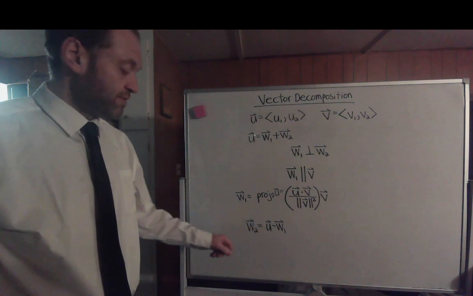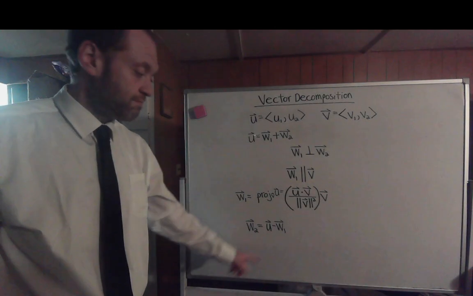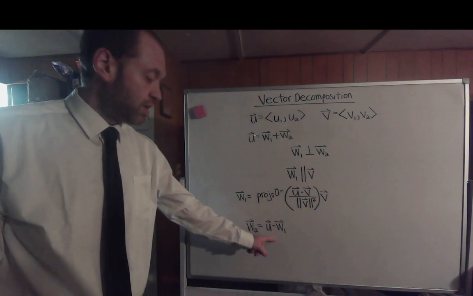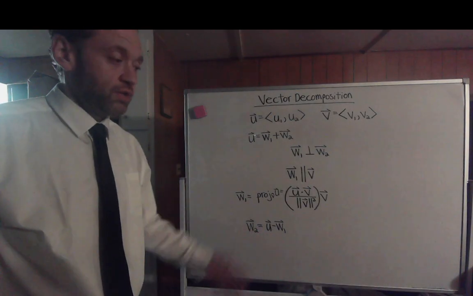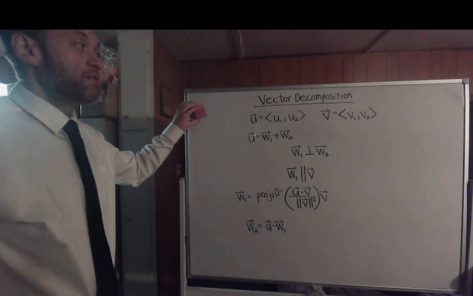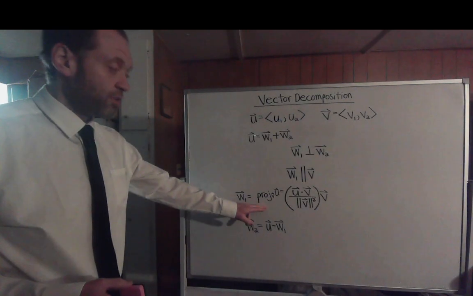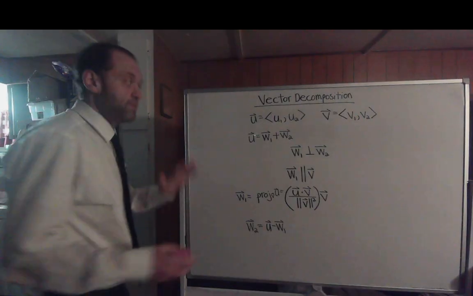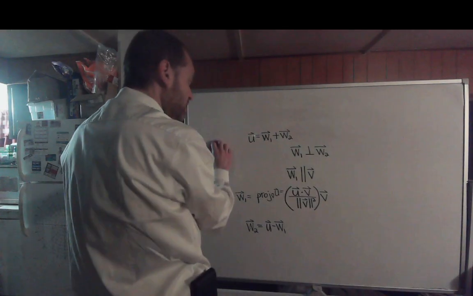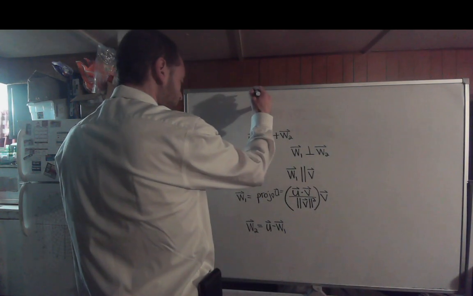And then solving for vector w sub 2, you get that by taking vector w sub 1 away from vector u. So we're going to do a few problems here about vector decomposition, and I will write this formula up higher so we have that. This shouldn't be a super long lesson, but I wanted to do this as a separate lesson because it's a decent amount to talk about.